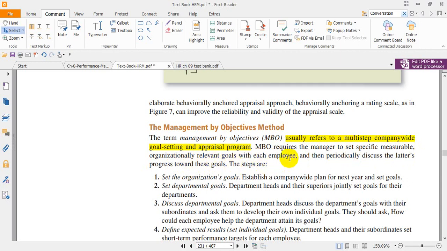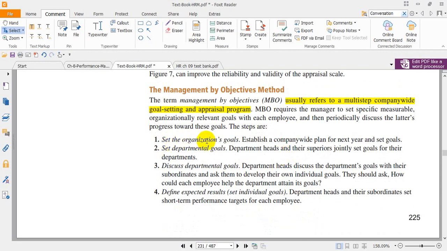The steps are: first, set the organization's goals, establish a company-wide plan for next year and set goals. Second, set departmental goals. Department heads and their superiors jointly set goals for their departments. Third, discuss departmental goals. Department heads discuss the department's goals with their subordinates and ask them to develop their own individual goals.